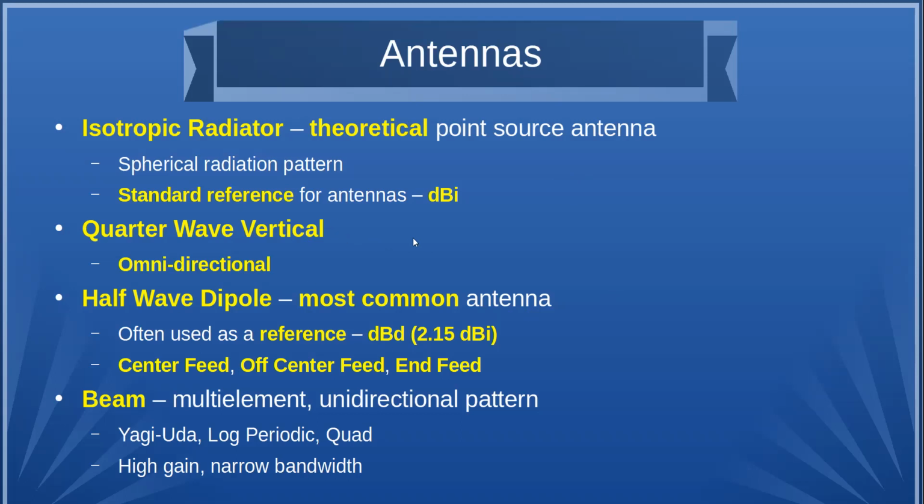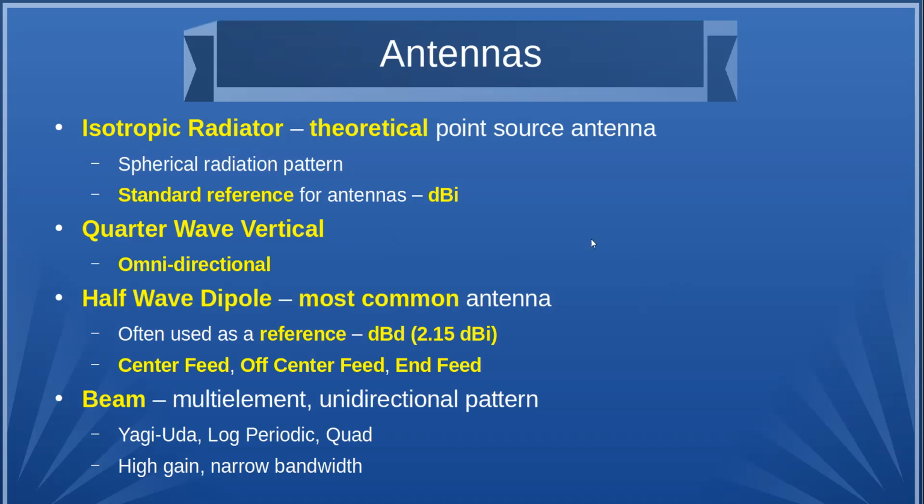But they use verticals because they're omnidirectional. And they want to send their signal out, they broadcast it to everybody. So that's why they don't use beam antennas. That's maybe Voice of America or someone like that.